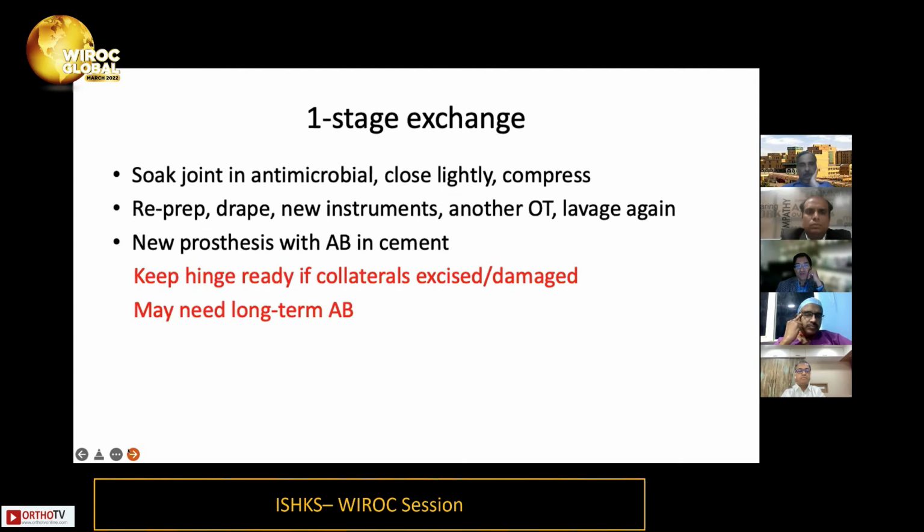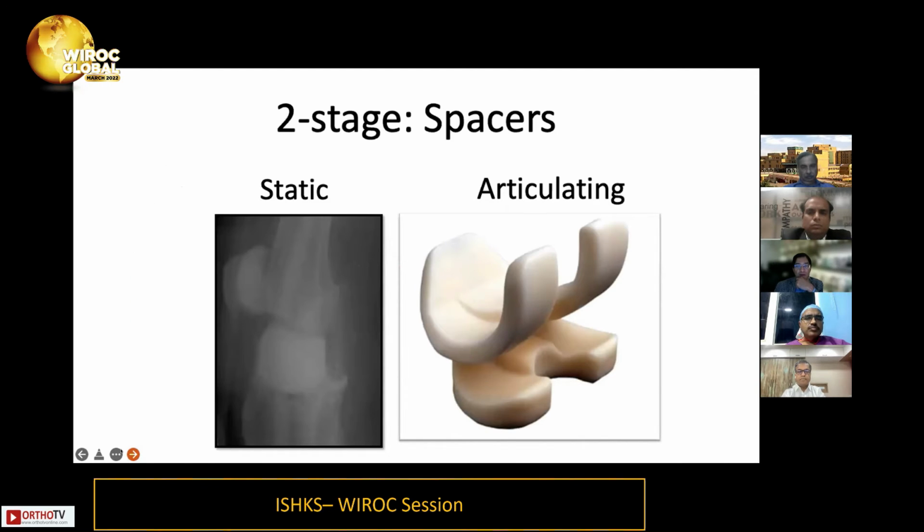In a 1-stage exchange, it's important to soak the joint in the antimicrobial, close lightly and compress, then re-prep, drape, use new instruments, preferably another OT, lavage again, and use a new prosthesis with antibiotics and cement. Many of these may require a hinge if the collaterals are excised or damaged, and may need long-term antibiotics.